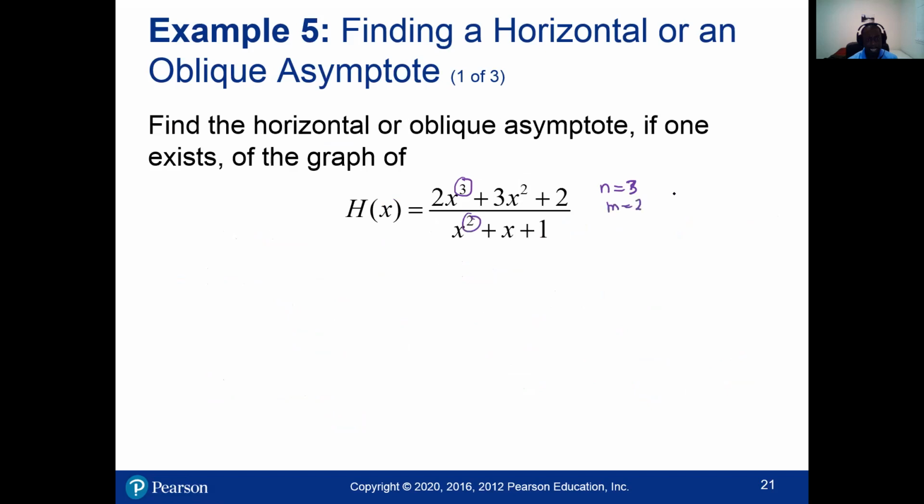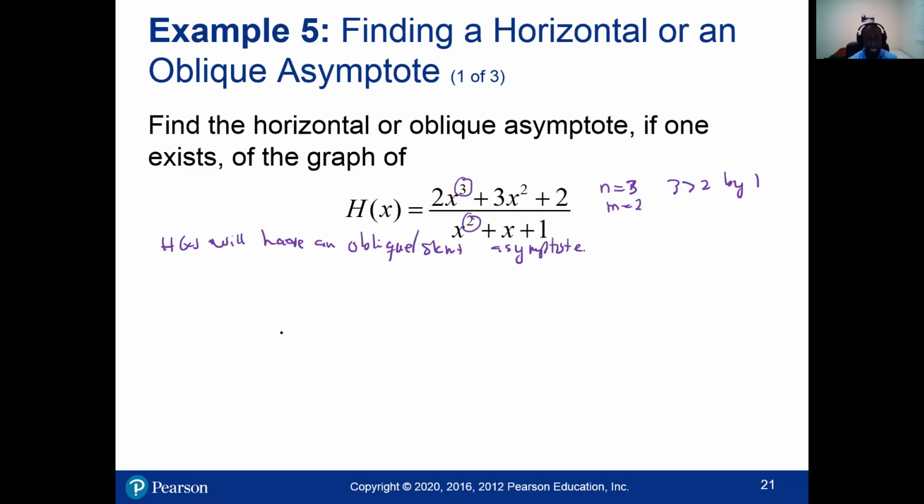We know that 3 is greater than 2 by 1, so h of x will have an oblique, or slant, asymptote.